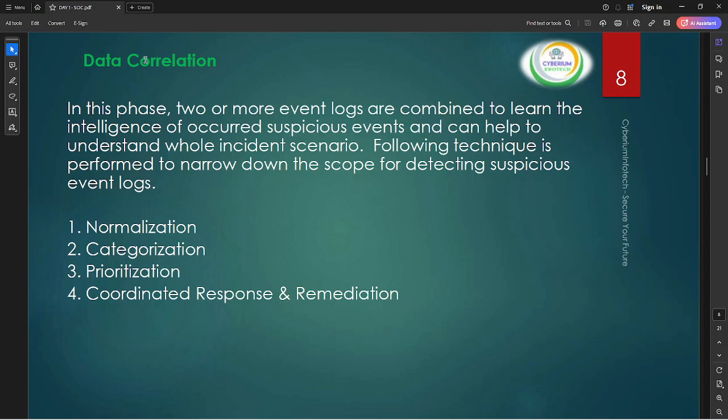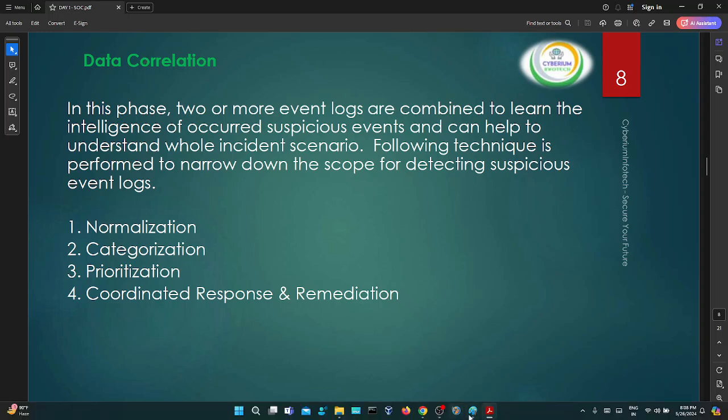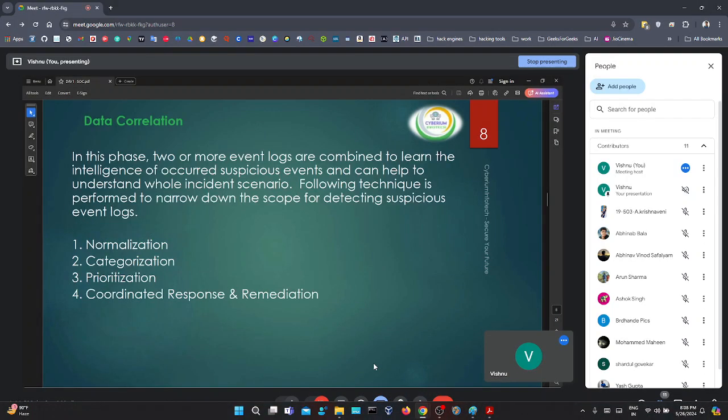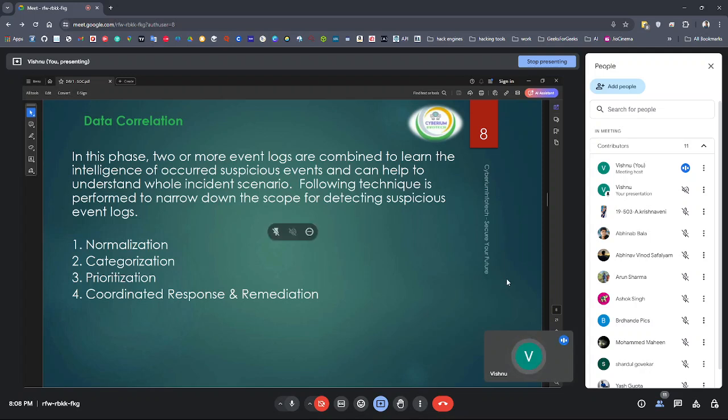Okay. After that, there is something called categorization. It just classifies the event logs according to categories like insider threats, external threats, cloud risk, vulnerabilities, critical data. This is called categorization. After categorization, there is prioritization.